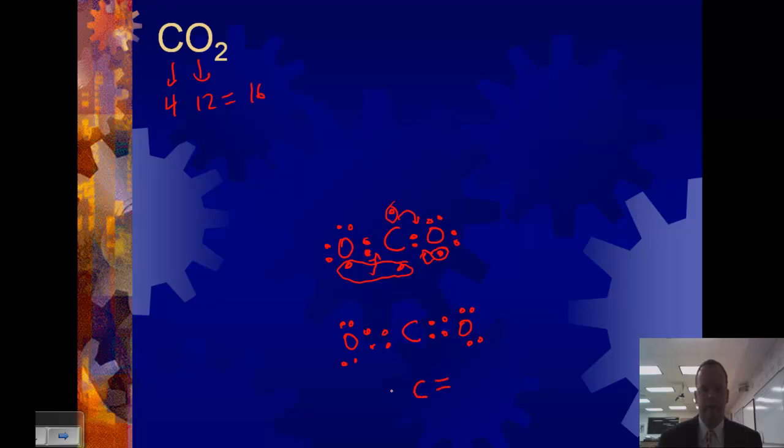You could also draw it as 2 lines for the double bond with the 2 lone pairs still shown. So this is a case where we have multiple bonds occurring because there's just no way to put it together using single bonds. Now in the next video, what we will do is look at some more examples of double bonding and some other more complicated cases of Lewis structures.